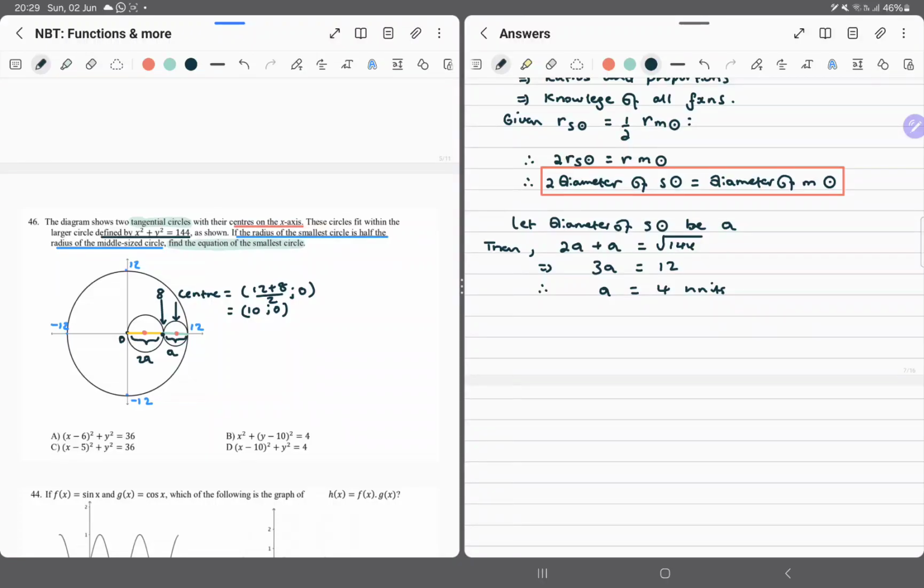So now we were only interested in the center of the smaller circle.